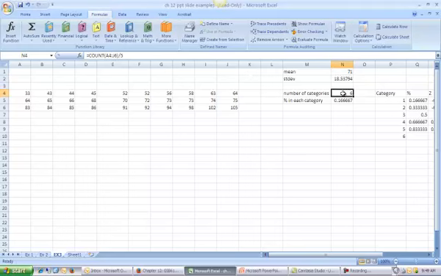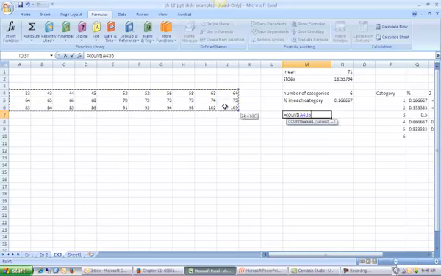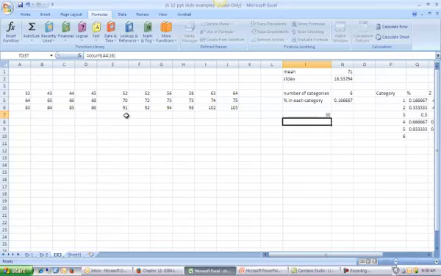Number of categories is 6. How? I counted up that I have 30 observations. So my rule is I must have at least 5 observations in each category in order for my chi-square distribution to work.